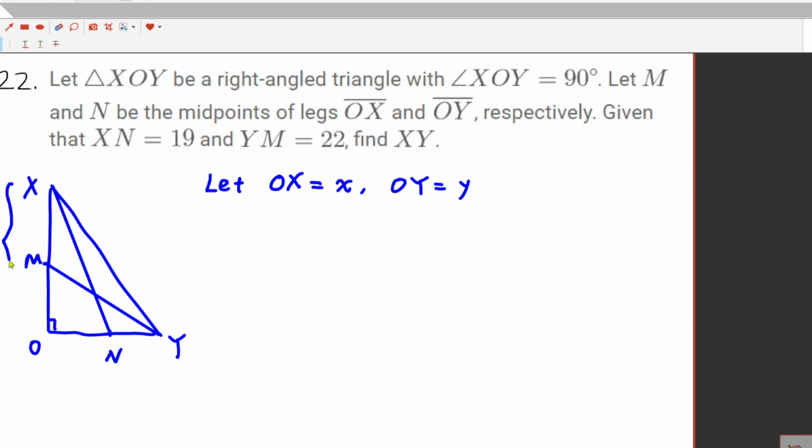Okay, let's call this side x and this side y. And then, because M is the midpoint, OM is just x over 2. And ON is y over 2.